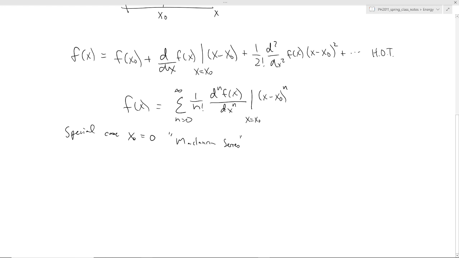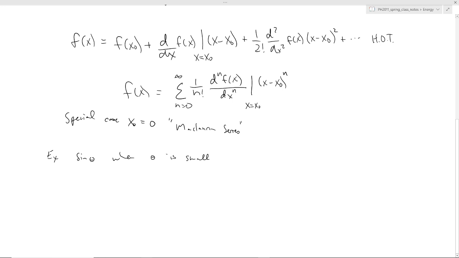So, something that's kind of interesting. As an example, consider sine theta when theta gets small. So we can apply this idea.